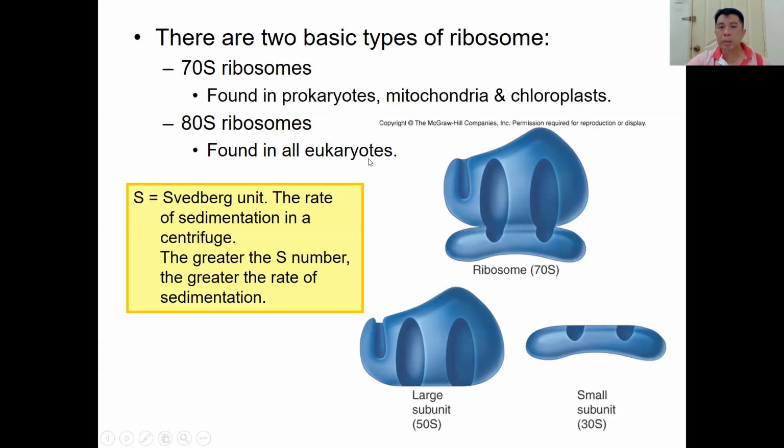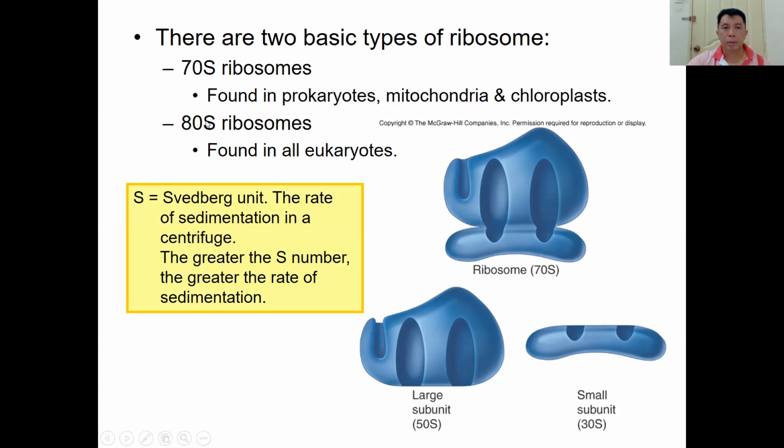So human cells and other animal cells, plant cells, fungi, and protists have 80S ribosomes. Bacteria, mitochondria, and chloroplasts have the 70S ribosomes. Yes, the mitochondria and chloroplasts contain ribosomes as well.